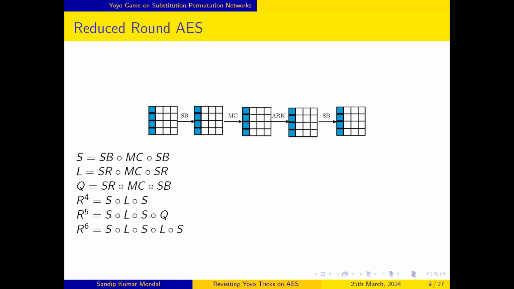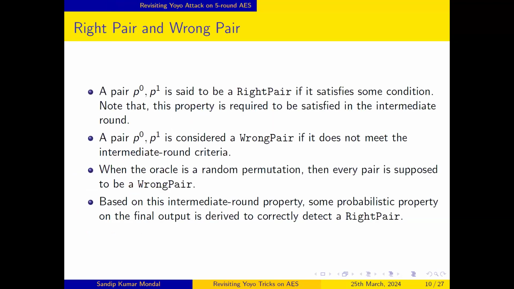If we take L equal to shift row, mix column, shift row, then this is the linear layer. And if we take Q equal to shift row, mix column and sub-byte, then 4 round AES can be written as SLS, 5 round as SLSQ, and 6 round as SLSLS, where S is the nonlinear and L is the linear layer.